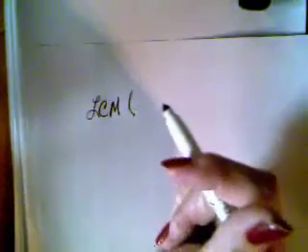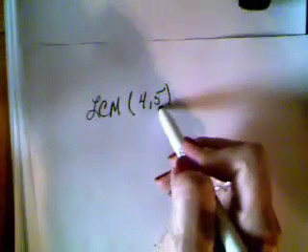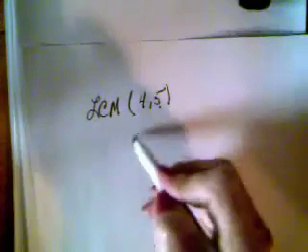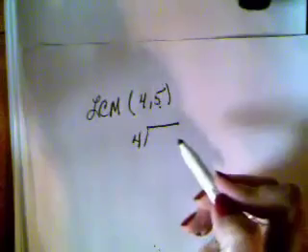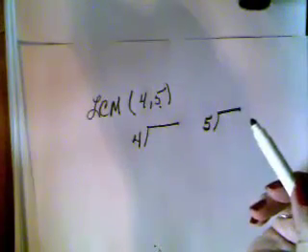The least common multiple is a number that the two given numbers will both divide into. So if I have the least common multiple for 4 and 5, I want a number that 4 will divide into evenly, that 5 will divide into evenly.